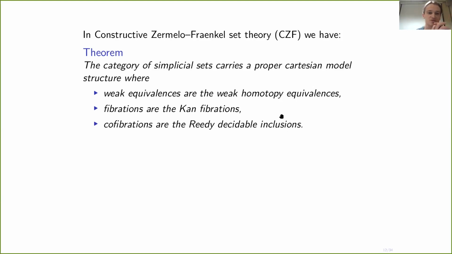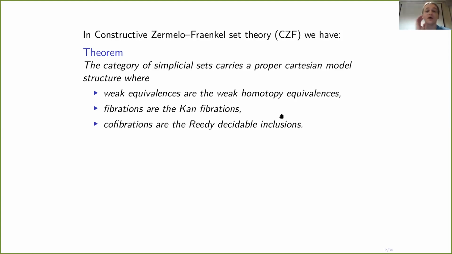This is just to fix the context. We're going to have a very similar theorem, which says that the category of simplicial sets carries a proper Cartesian model structure where weak equivalences are the weak homotopy equivalences, fibrations are the Kan fibrations, and cofibrations are now something that I'm going to call really decidable inclusions.